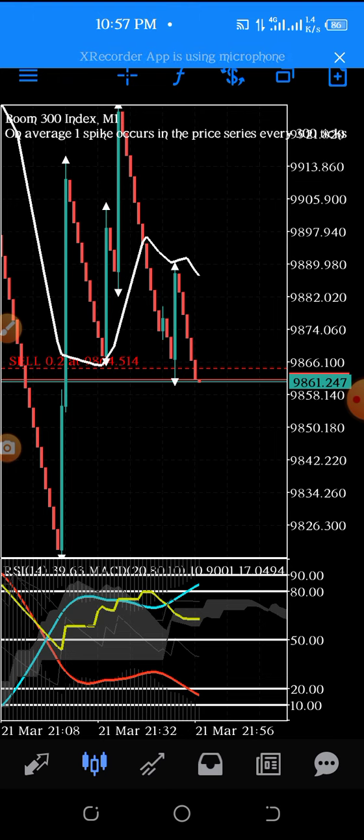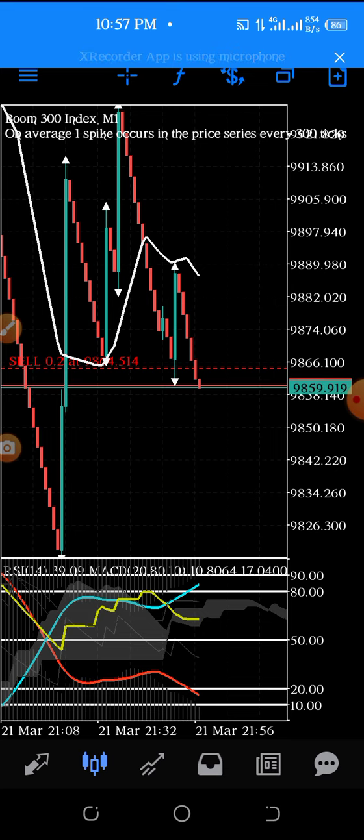But it's opposite here. When the market is going up, the price keeps increasing, that's when you buy. So understanding that is very, very important, and it's confusing to some people.